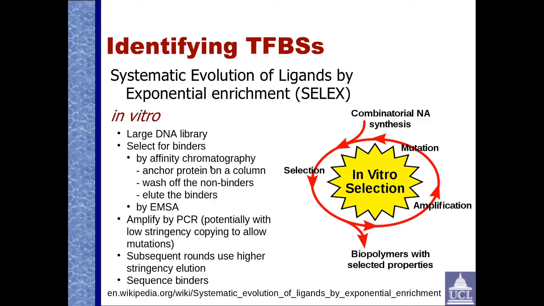Alternatively, rather than using affinity chromatography, we can use EMSA that we described earlier. So this is illustrated in this cycle here. We're starting by generating lots of different DNA fragments. We select and we then extract those with the required property, in other words, binding to the protein. And we can amplify those, and we can then go through mutation cycles.